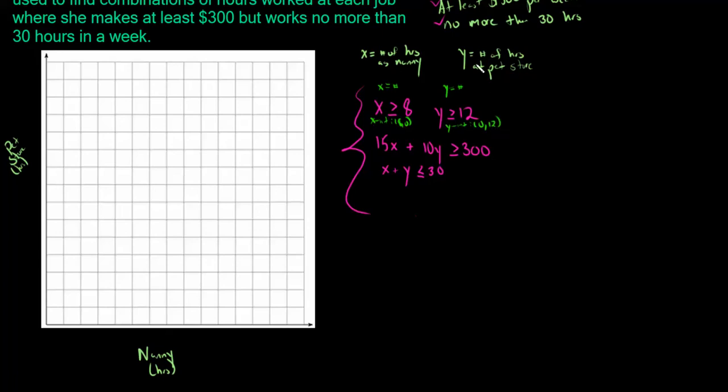Now the reason that's important is I know that I need to go to at least 8 for the x-axis, because that's my x-intercept, so I can get the full visual of the graph. I need to go to at least 12 on the y-axis to hit my y-intercept for this inequality, to get the full visual, okay?